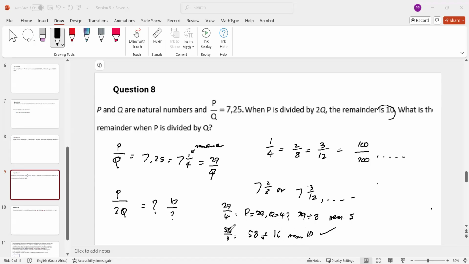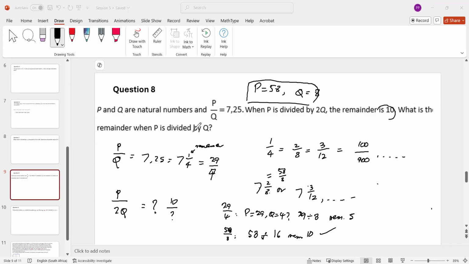Which means now that P is 58. It worked here, and 2Q is 16. We actually had Q equal to 8. So this is where we had 7 and 2/8. This one here is 58 over 8, 56, 58 over 8. So this is the way that P and Q are.